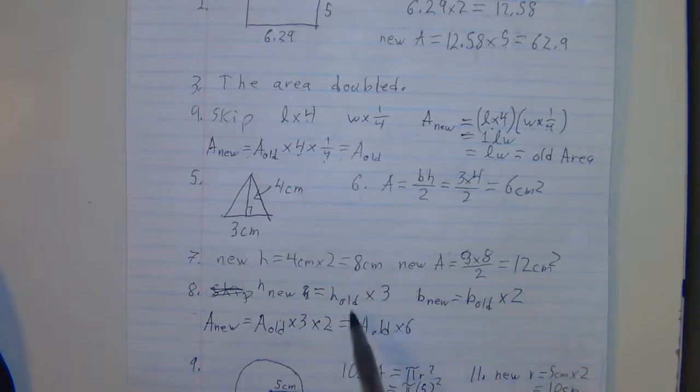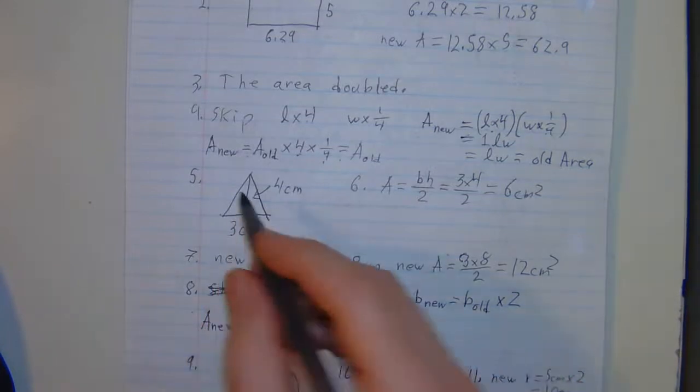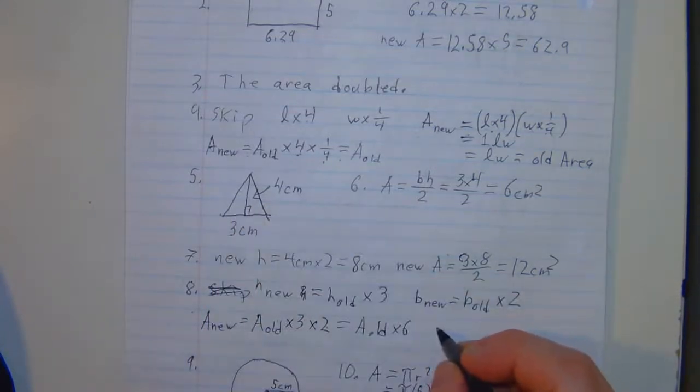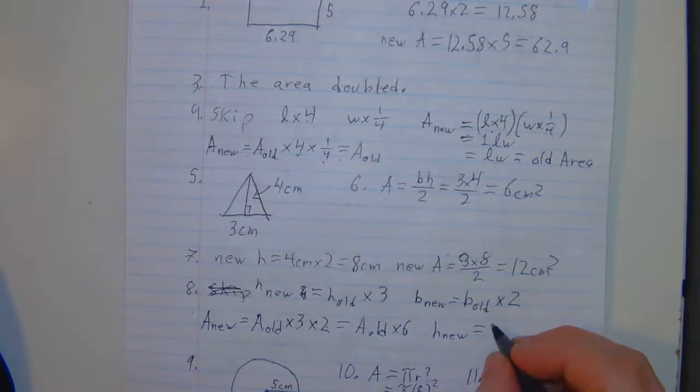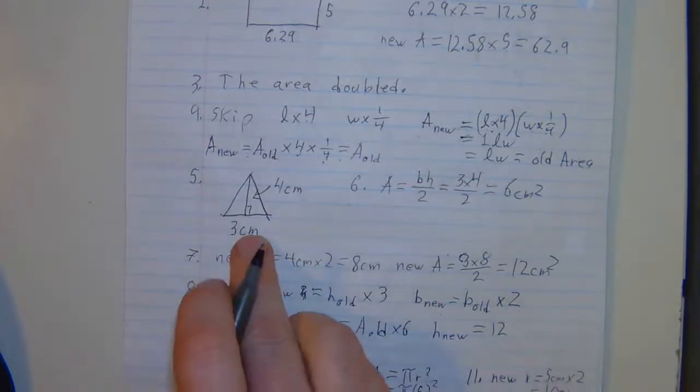So Jackson, if it was just the height changing, you're absolutely right that we would get a tripling. But we're also getting this change in the base, that it's getting twice as wide. Okay. So please go ahead and check this out. Take your original triangle. I'm going to do it here. My original height was 4. My new height is going to be 4 tripled, which is 12. My old base was 3.